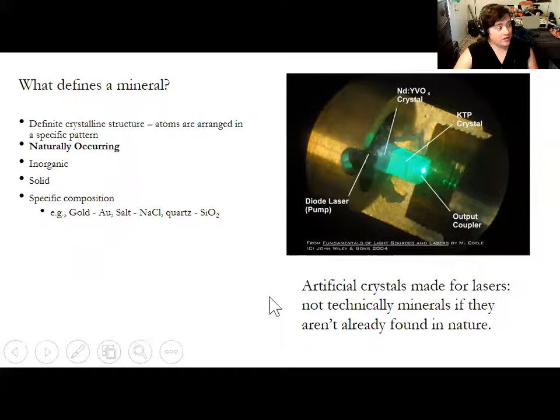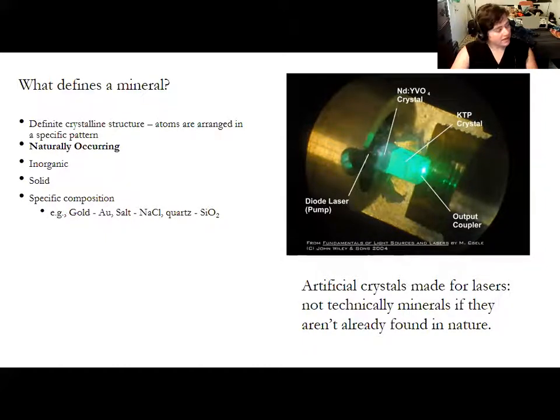So humans have synthesized a number of crystals with chemical formulas that do not exist in nature. So this is an interesting crystal that has neodymium and yttrium and vanadium in it. And this crystal does not exist in nature as far as we know, not in significant amounts at least. So it's not actually technically considered to be a mineral because it doesn't already exist in nature.